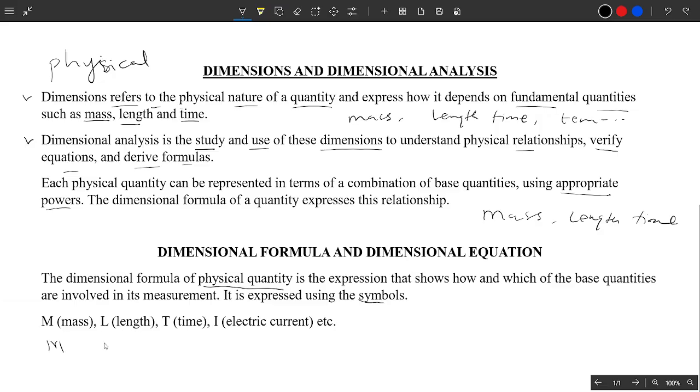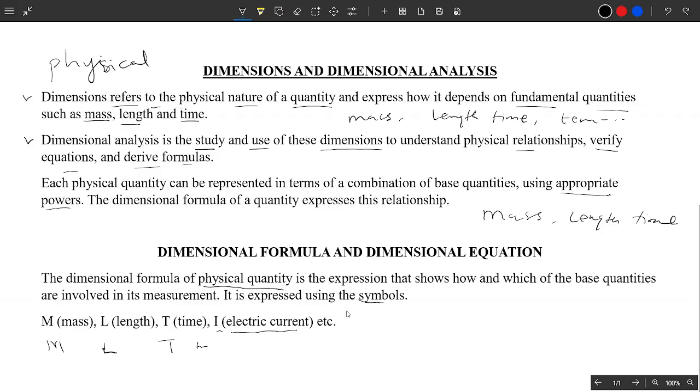Mass. We have capital L as that of the length, then capital T as what? The time. We have I as electric current, and so on and so forth. So these are all things that we can use to represent the dimensions of a physical quantity.